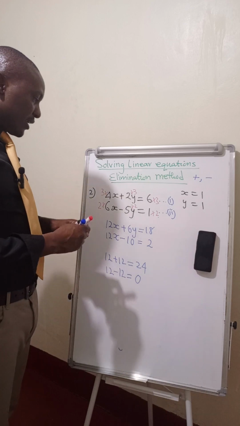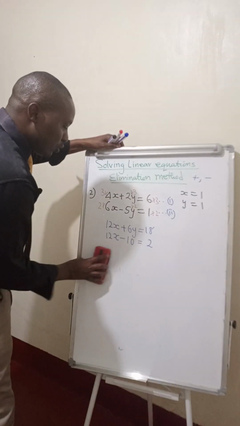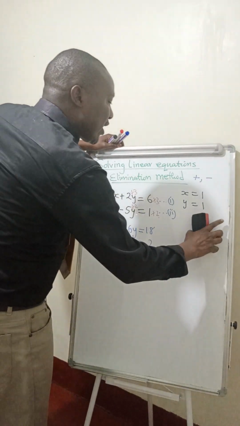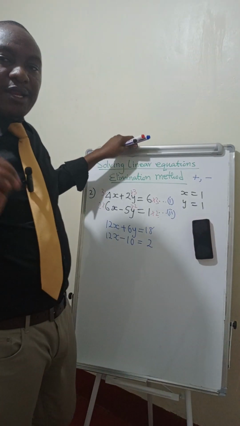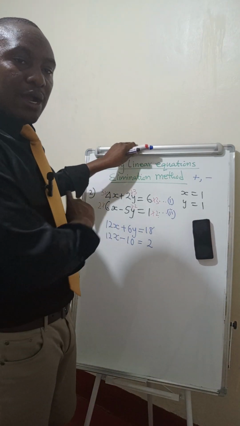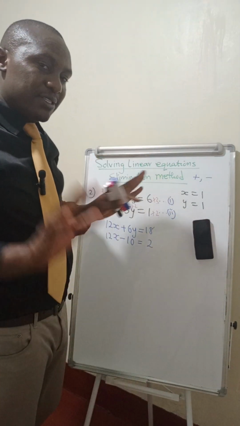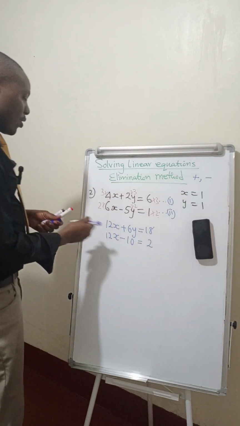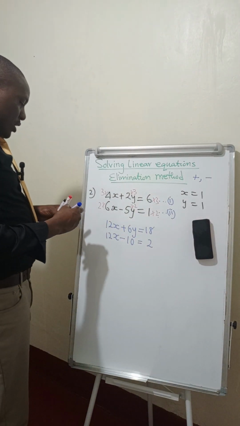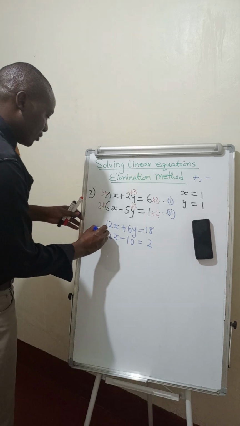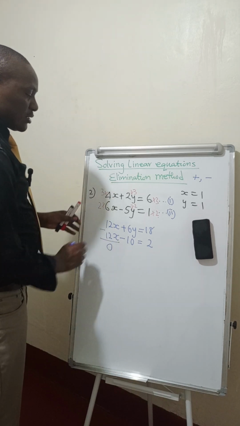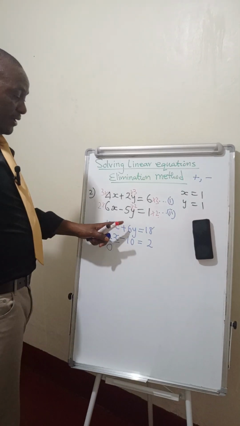Subtraction. And remember, the operation you use to eliminate the unknown, you use it across the board. Please master that. Now, we are going to do a subtraction. So this one, we are going to get 0.